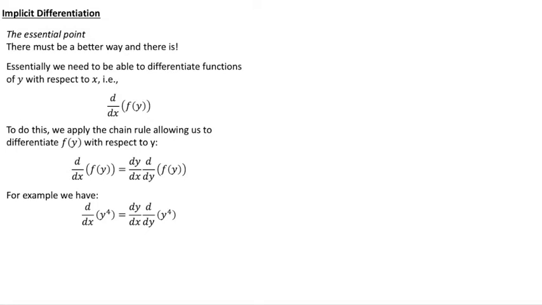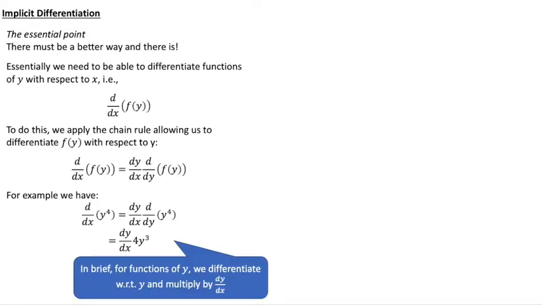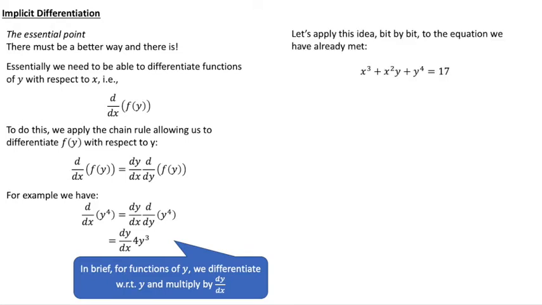Now we know that when we differentiate y to the 4, we're going to get 4y cubed. So we end up with dy by dx times 4y cubed. So, in brief, for functions of y, we differentiate them with respect to y and then multiply what we get by dy by dx.